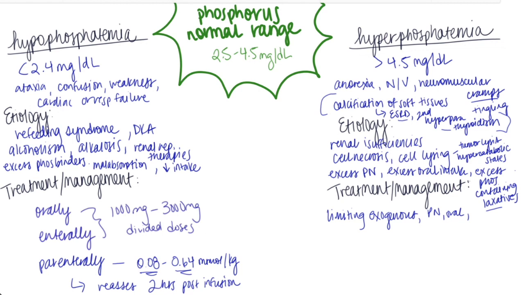If you have an individual with a functioning GI tract, you may also consider the usage of phosphorus binders. These are medications that can be utilized to help bind up and reduce the absorption of phosphorus from the GI tract. A typical example of that is calcium carbonate.